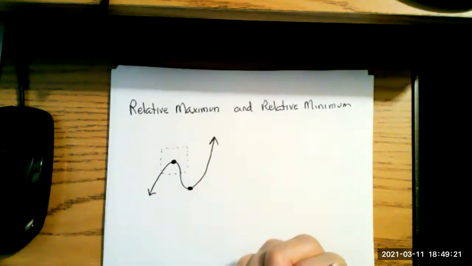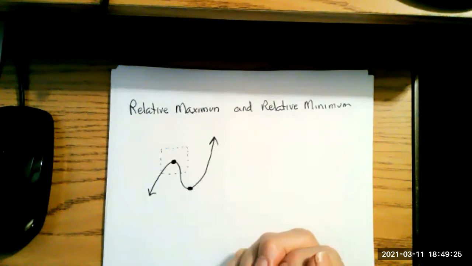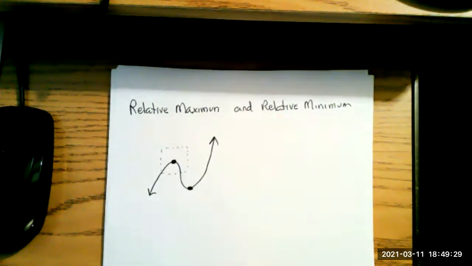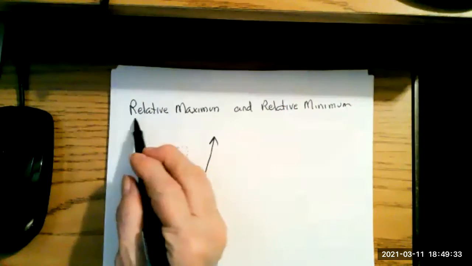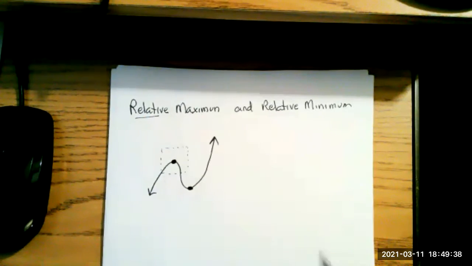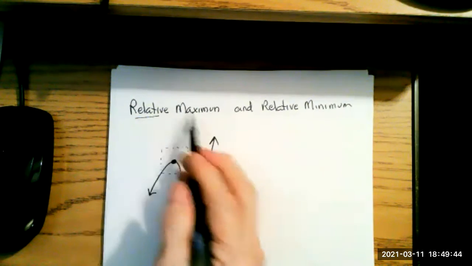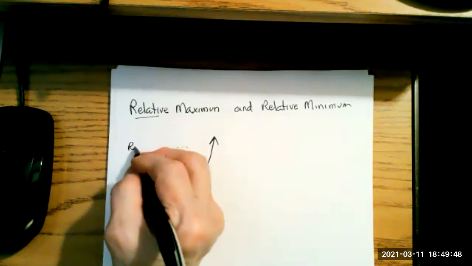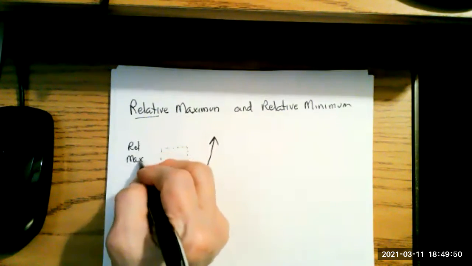It's the top point. So it's a relative maximum. It's not the maximum because this thing keeps going up and up. Maximum would be infinity. So it's not the maximum for the whole graph, but it's a relative maximum according to this little spot right here. It's called the turning point on one of these graphs that we'll be talking about later. So this is a relative maximum.